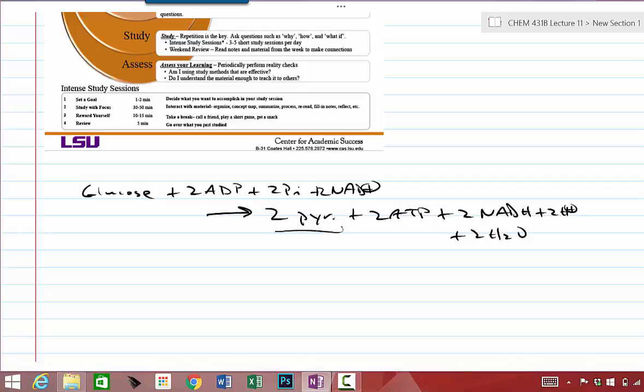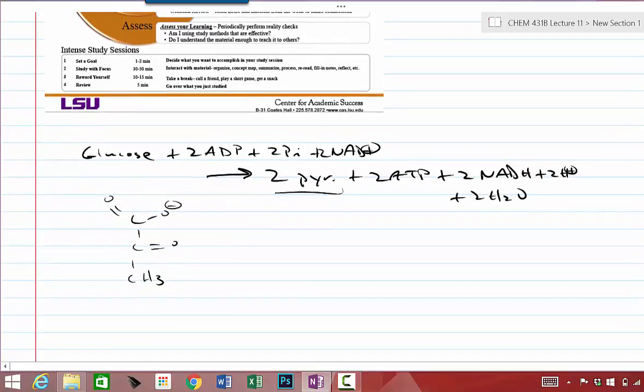One of the metabolic fates is that pyruvate can be reduced to lactic acid, and I'll just show you the reaction here. So there's pyruvate, which, as I said before, you guys should memorize that structure.